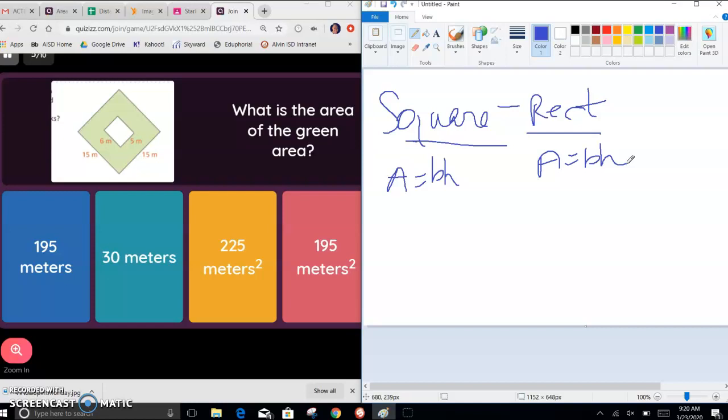So 2 sides are equal and another 2 sides are equal. So for this square, I have 15 times 15. And for the rectangle, I have 6 times 5.